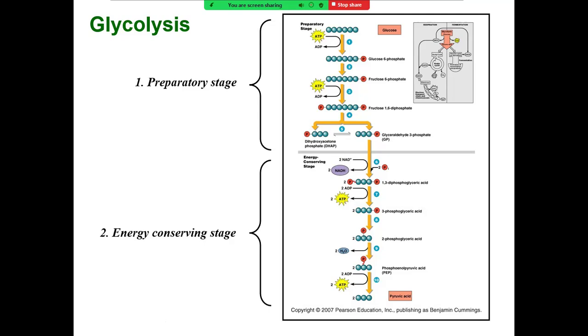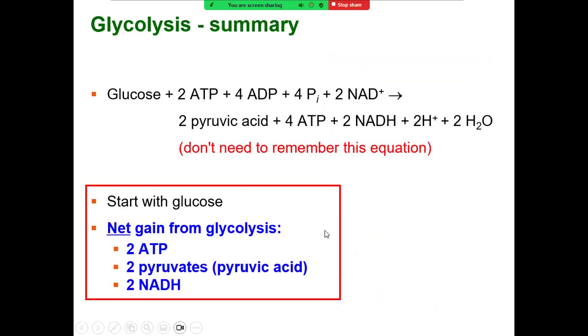I'm not going to ask you to memorize the different intermediates of glycolysis. Just know the summary reaction, which is shown in this slide: you start with glucose, you get a net gain from glycolysis of 2 ATP, 2 pyruvates, and you could call those pyruvic acids, and 2 NADH.